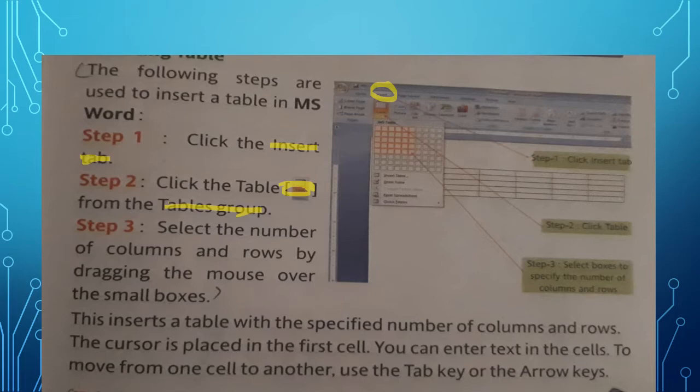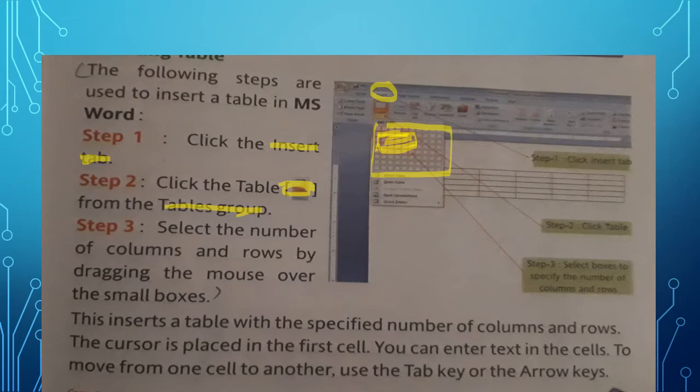When you click on the Table button, you will find this type of window, and from here you can select the number of columns and rows by dragging your mouse over these small boxes. See, you can see this selected table on your screen.